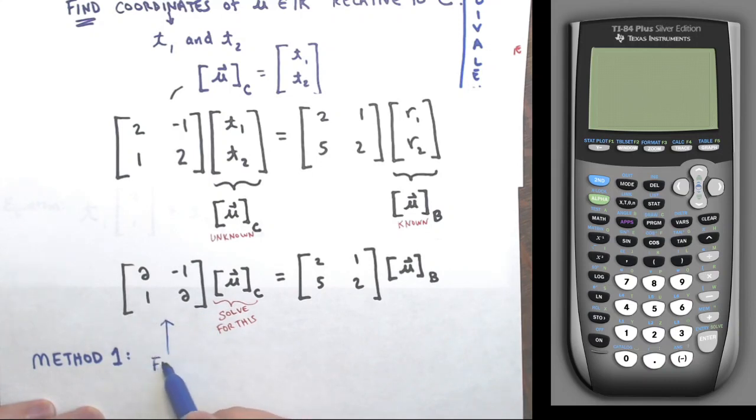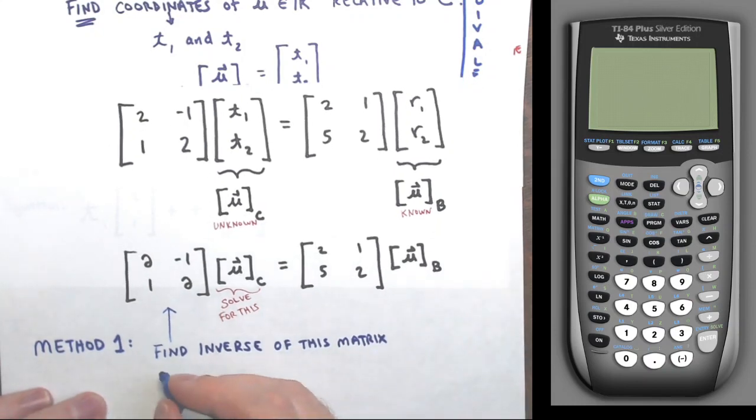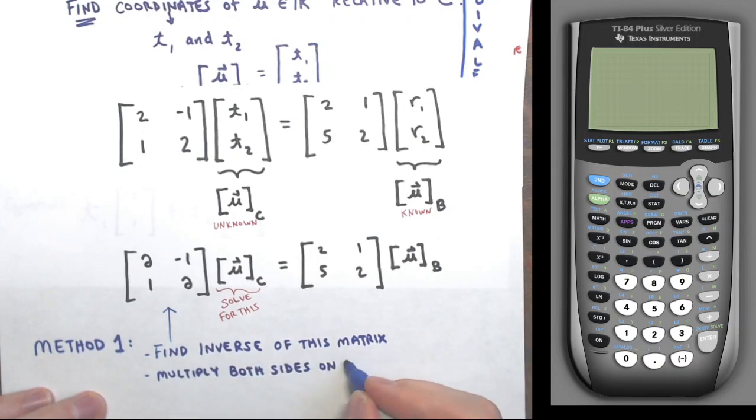So I find the inverse of this matrix, right? And then multiply both sides on the left by the inverse.